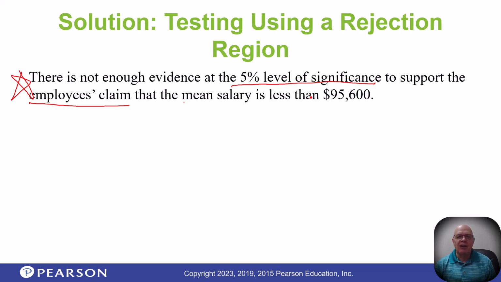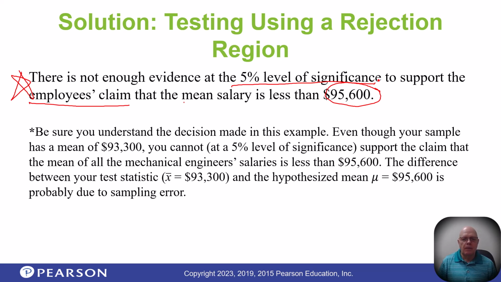So the mean salary we can still assume is about 95,600. And you can pause and read that through. If it is different, it's probably due to a sampling error, which can happen. Our samples can't be perfect.